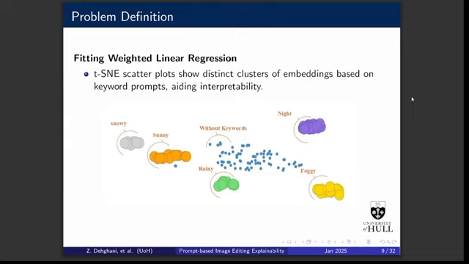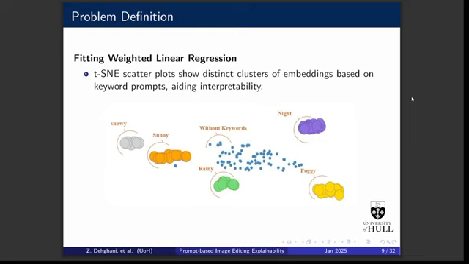In this part, to show how we can use SMILE and fit a weighted linear regression, we used a t-SNE scatter plot to visualize how different keywords influence embeddings in text-based image editing. Each keyword, such as sunny, rainy, or foggy, forms distinct clusters, while sentences without specific keywords are scattered separately.